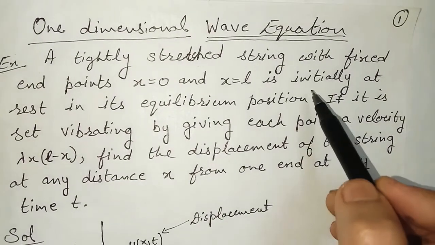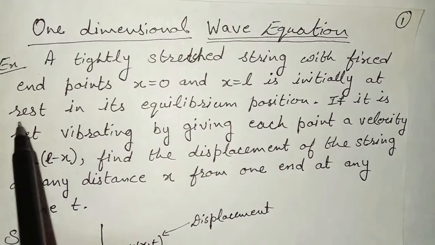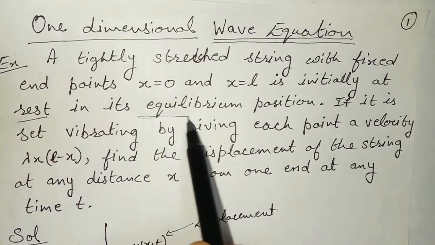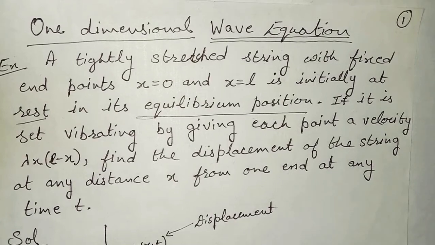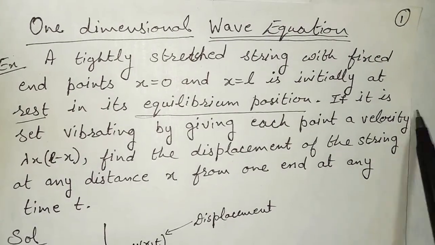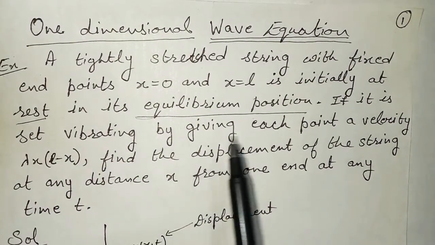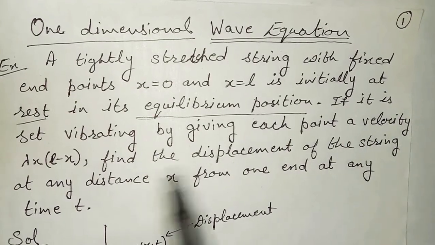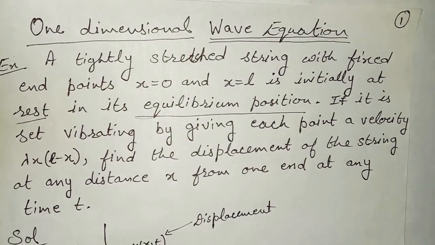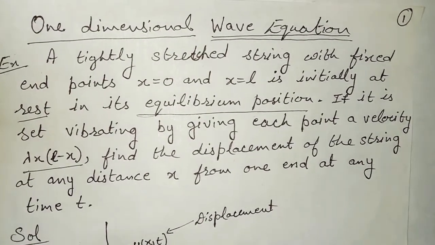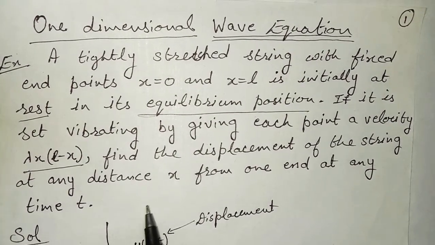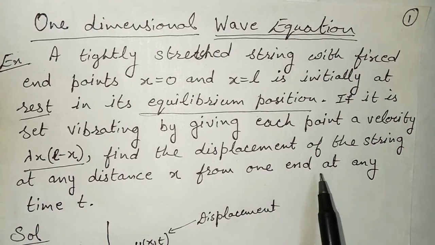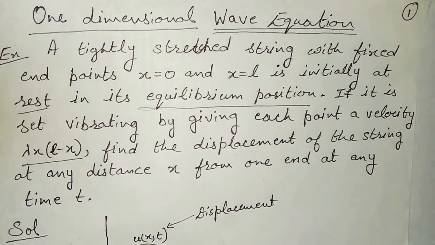So initially at rest, and in its equilibrium position, these two things are to be noted here for initial and boundary conditions. If it is set vibrating by giving each point a velocity as given, this is the velocity. Find the displacement of the string at any distance x from one end at any time t.